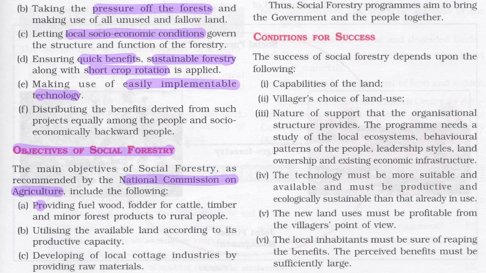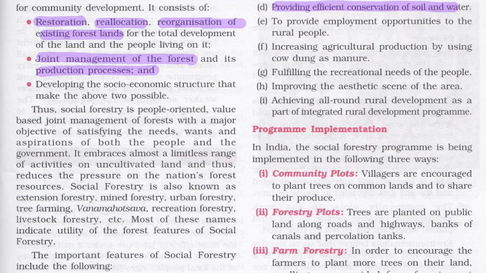They include providing fuelwood, fodder for the cattle, timber and minor forest products to the rural people, utilizing the available land according to its productive capacity, developing local cottage industries by providing raw materials, providing efficient conservation of soil and water, providing employment opportunity to the rural people, increasing agricultural production by using cow dung as manure, fulfilling the recreational needs of the people, and achieving all-round rural development as a part of the integrated rural development program.